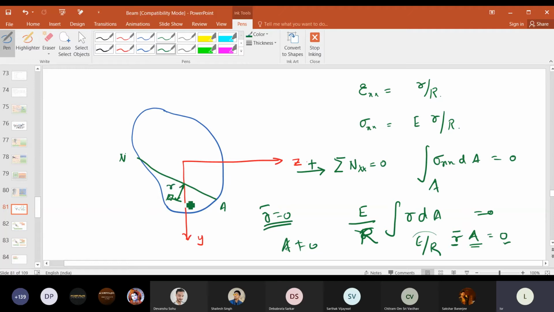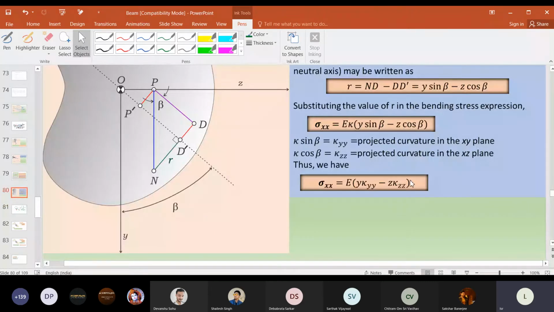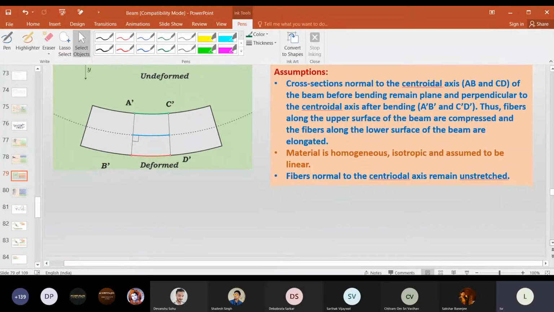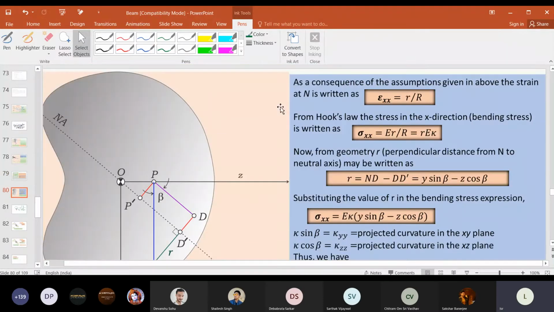So the neutral axis passes through the CG of that. But that again I will show you, as in the previous class; in this slide also we will see that. Now from these assumptions, the strain will vary linearly from the neutral axis.